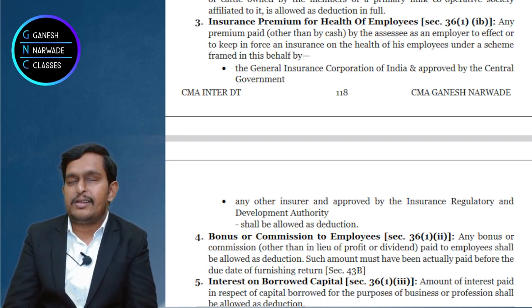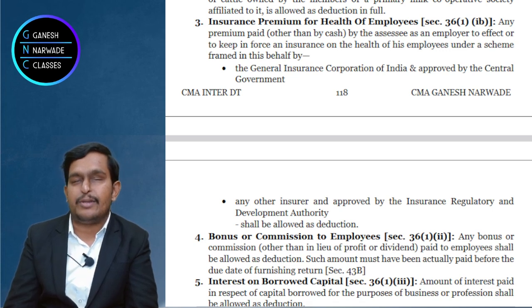But what about commission? Commission, there is no separate law. So commission should be paid as per the due dates of Income Tax Act. Like if you are a company, for you audit is compulsory. So till 31st October you should file the returns. 31st October of the assessment year.